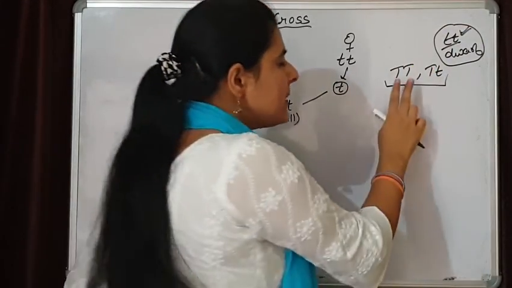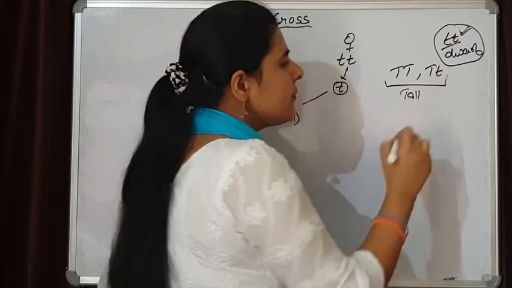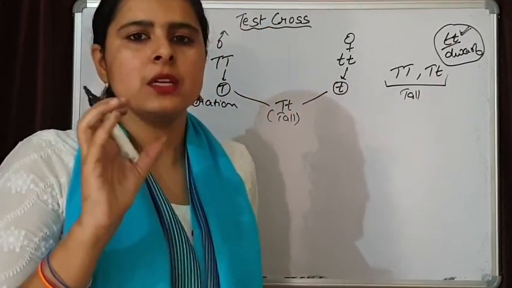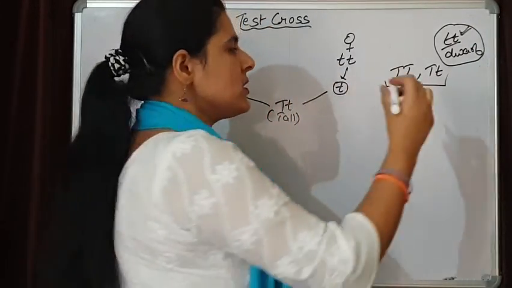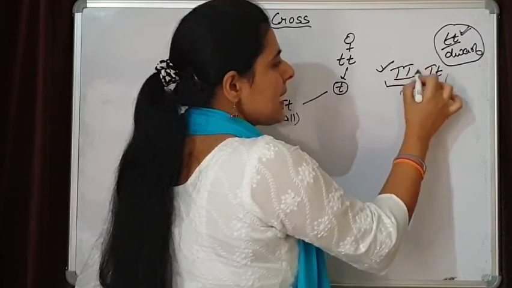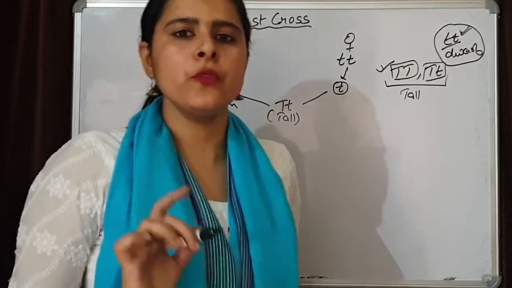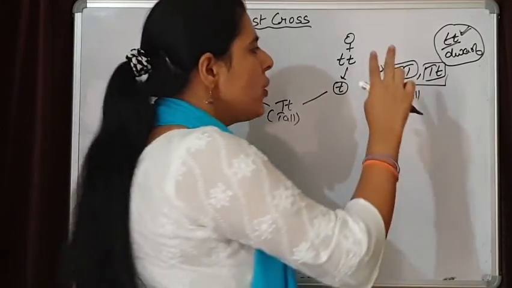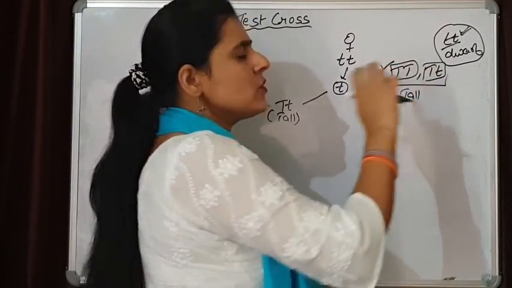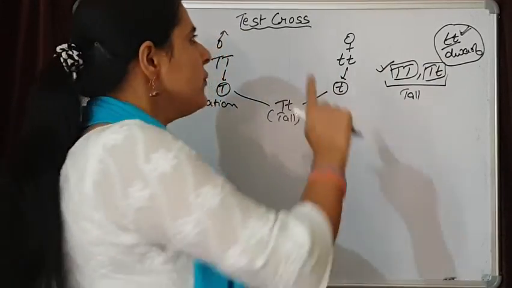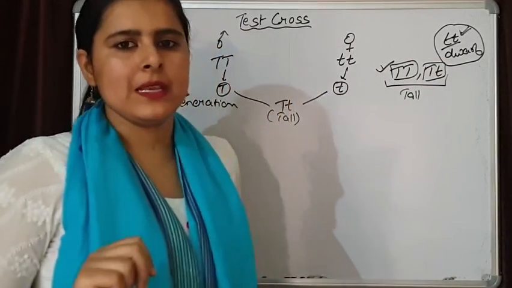The problem is with these tall plants. Whenever we get tall plants, two possible genotypes are there. This can be the genotype of a tall plant and this can also be the genotype of a tall plant. So to find out whether it is homozygous or heterozygous dominant, we generally perform a test cross.